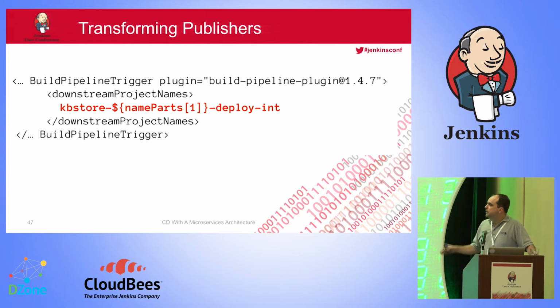So the pipeline trigger that calls the downstream job, I can insert the service name in here. And as long as my jobs are following the naming convention that I laid out, my template will be able to call them.